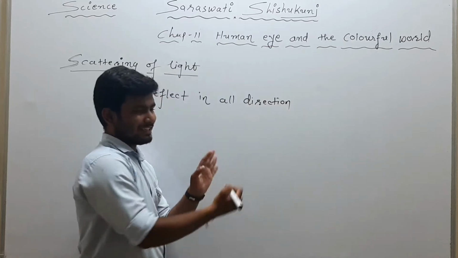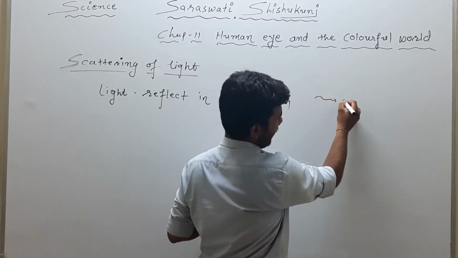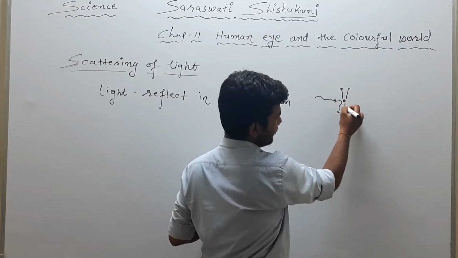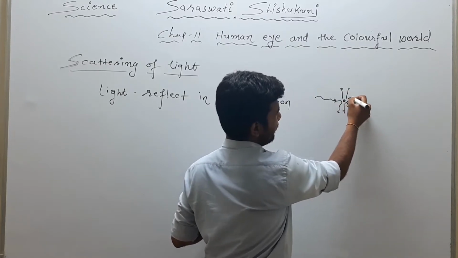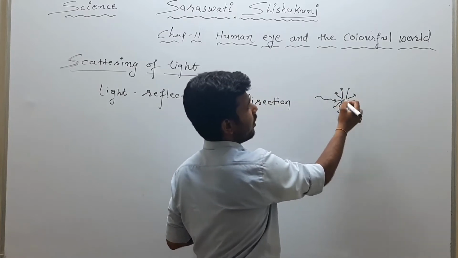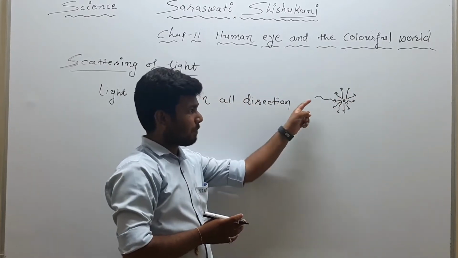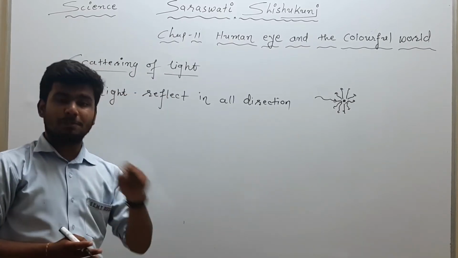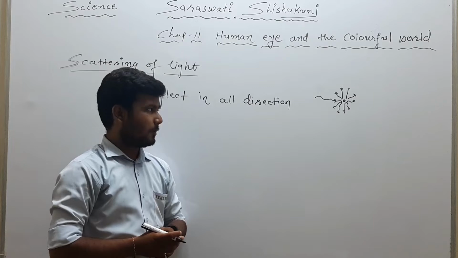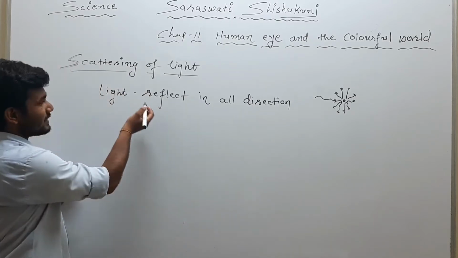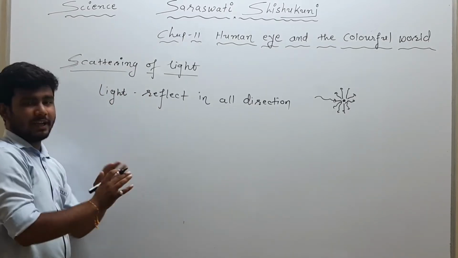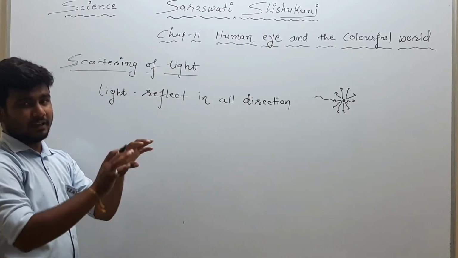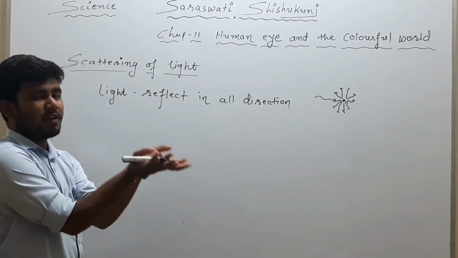Means when light is incident on any particle, right, and it gets reflected in all directions, that's called scattering of light. And due to this scattering of light only, the path of light gets visible. Okay, so it's a phenomenon in which the path of light gets visible. So scattering of light means reflection of light in all directions. When light is incident on any particle, it will get reflected in all directions.